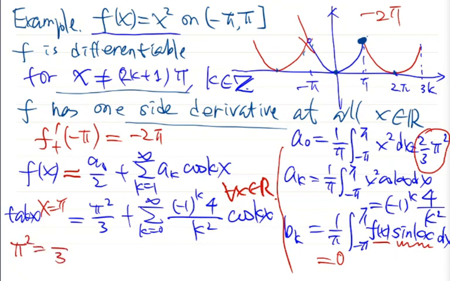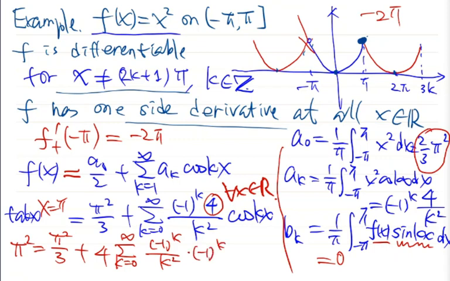This equals pi squared over 3 plus the 4 in the series can be moved outside the summation, plus 4 times the sum of minus 1 to the k over k squared, cosine k pi. Cosine k pi is minus 1 to the k: when k is even, it is 1, and when k is odd, it is minus 1. Therefore, it is minus 1 to the k.